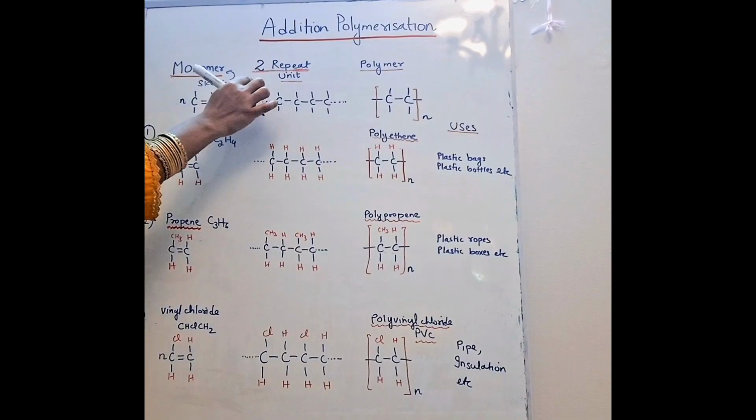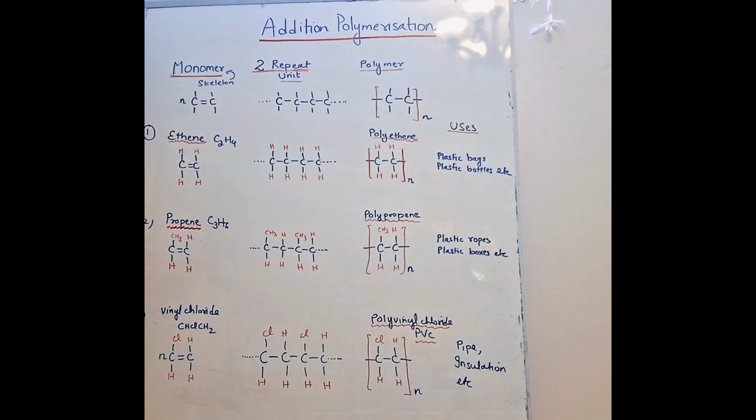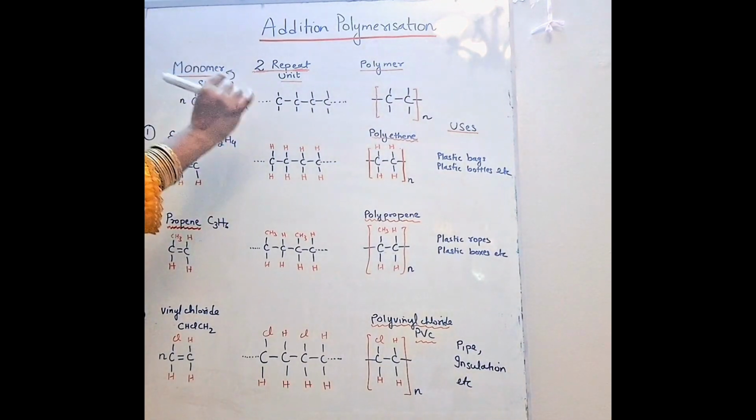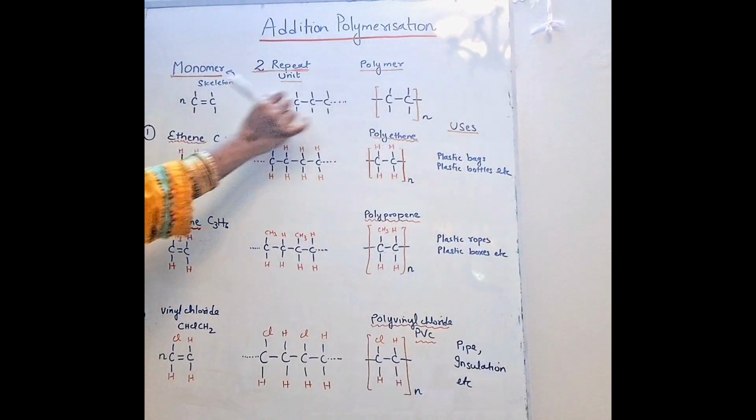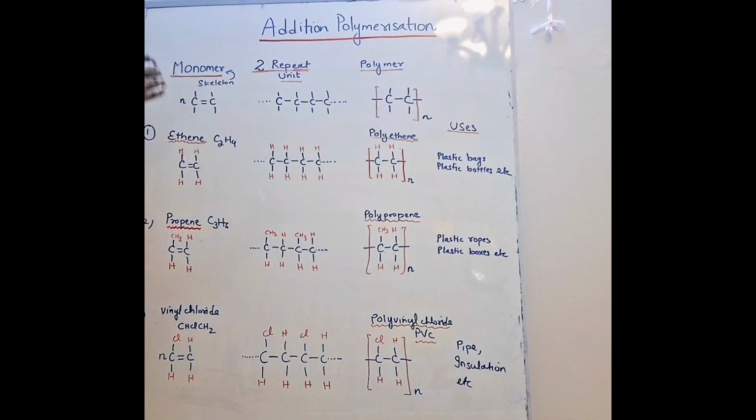If it is 3 repeat units, you will increase it to 6 carbons, like that. The repeat unit is always represented with a dotted line. This dotted line indicates that the polymerization reaction is going on. It has not stopped yet.